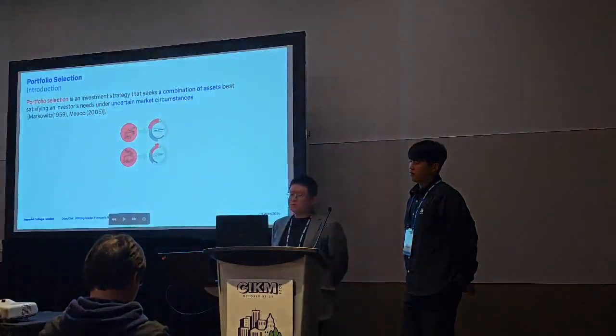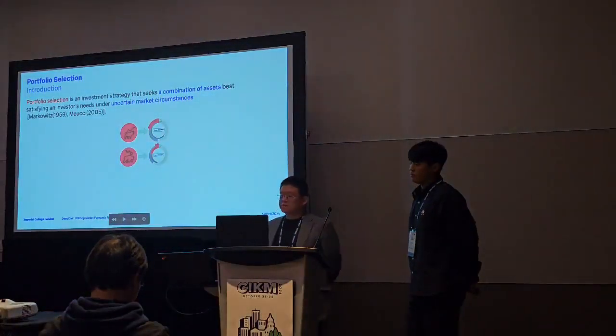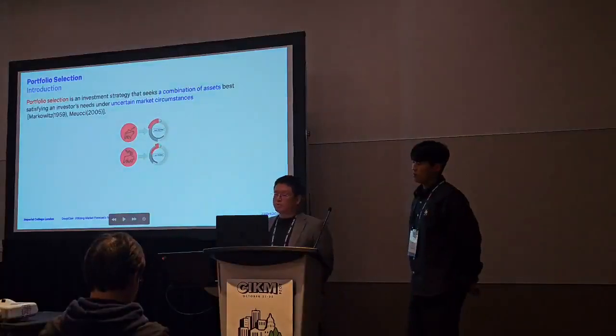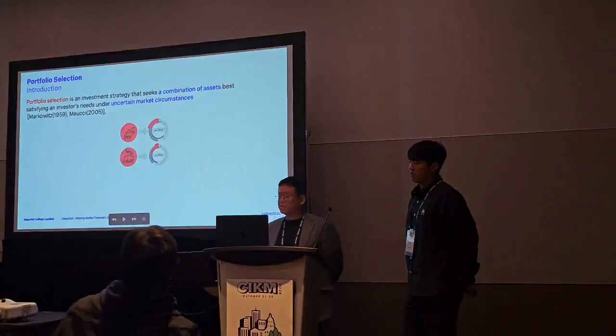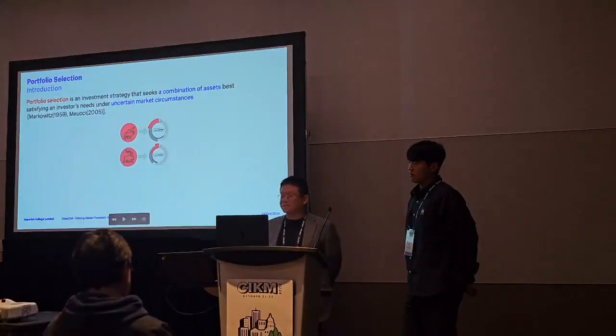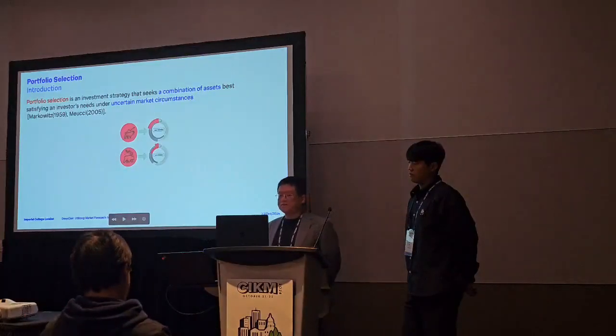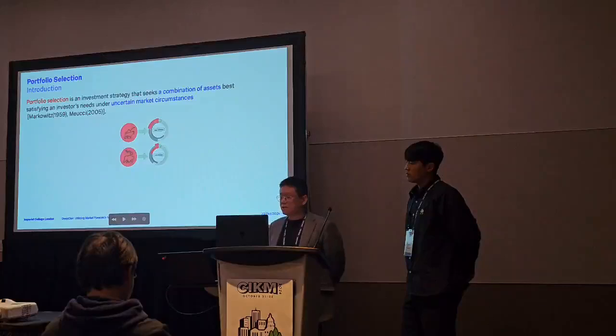Before going forward, I will explain the task named portfolio selection. Portfolio selection is an investment strategy that takes a combination of assets best satisfying an investor's needs under uncertain market circumstances.